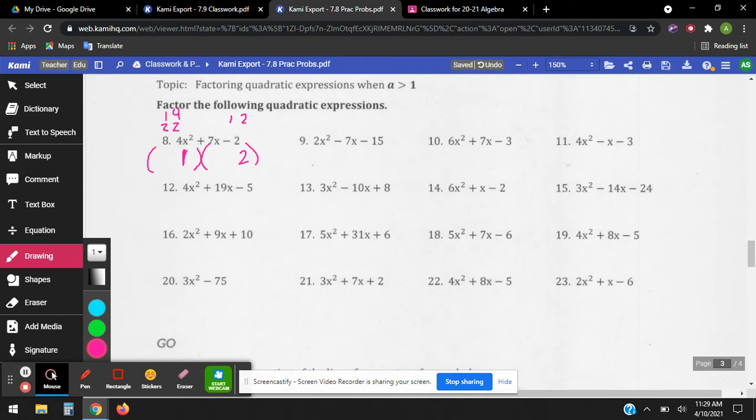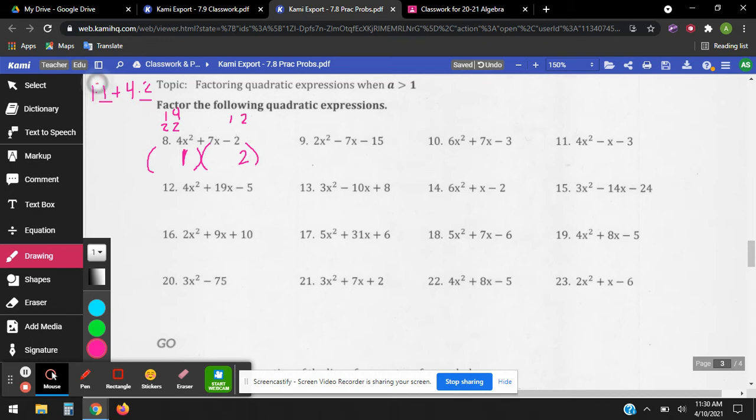So I need to figure out which combos are going to get me a plus 7 when I subtract them. Let's do some space for work over here. I'm going to start with 1 times something plus 4 times something. Well, I need to have a positive 7.